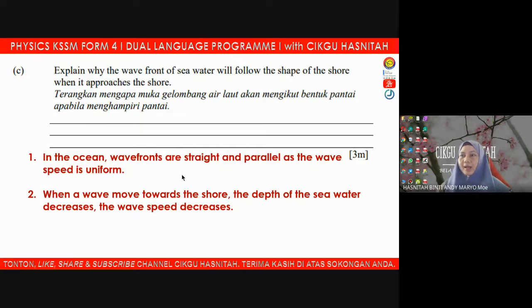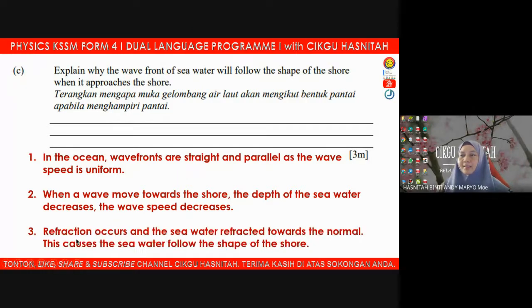Then refraction occurs and the seawater is refracted towards the normal. From deep to shallow, it refracts towards the normal, and then follows the shape of the shore. At the cape, it will converge, and at the bay, it will diverge.